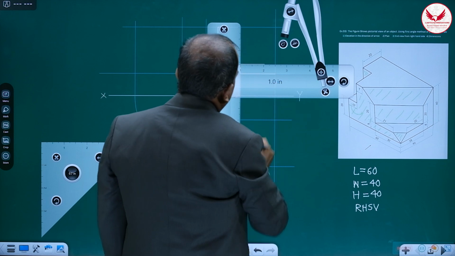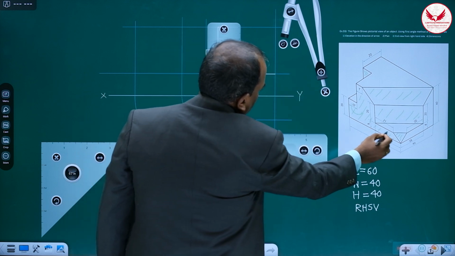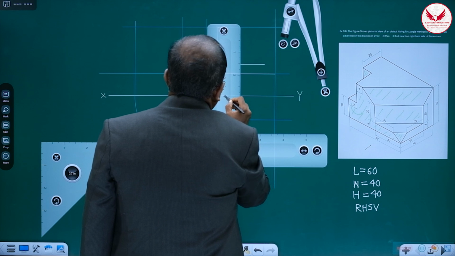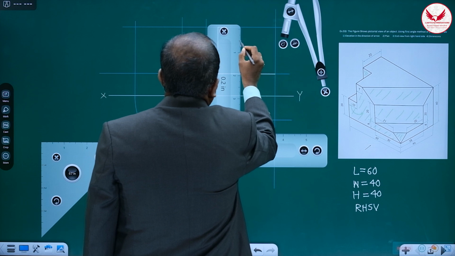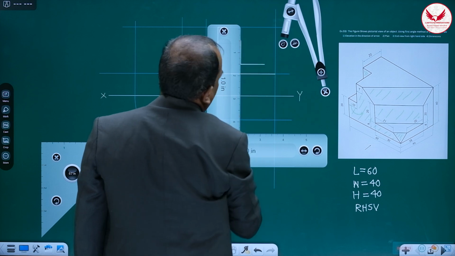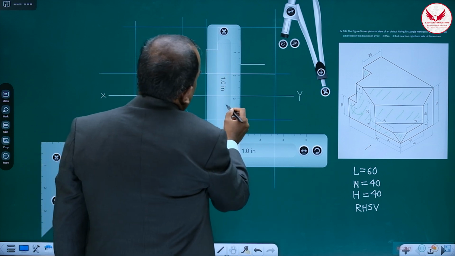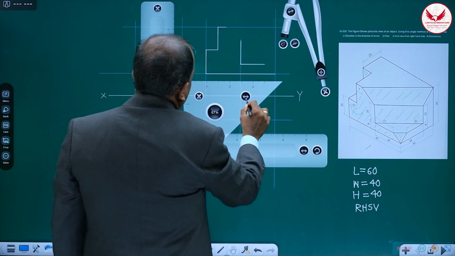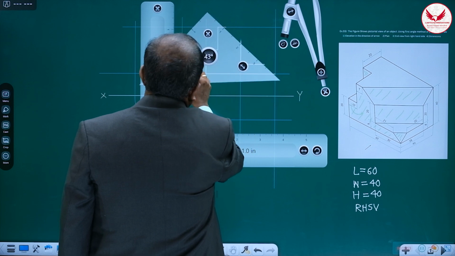Then the remaining portion is going to be 9. And from this 21, again above it, it is 20.